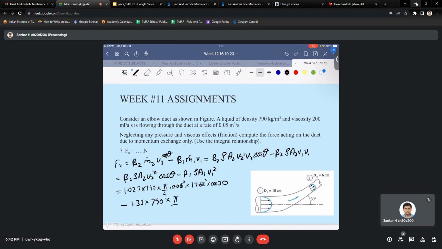A1 is pi by 4 times 0.1 square times 6.36 square.